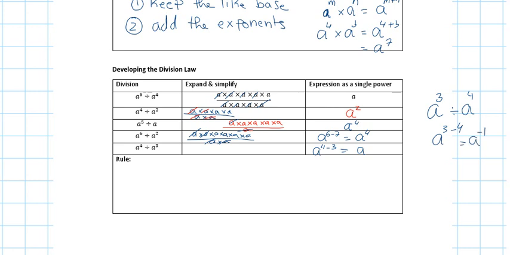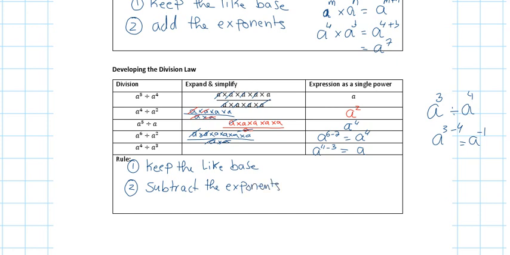All right, so the rule right now with the division law is first, you're going to keep the like base, and then you're going to subtract the exponent. So if you were to write this as a general formula, what would you write?